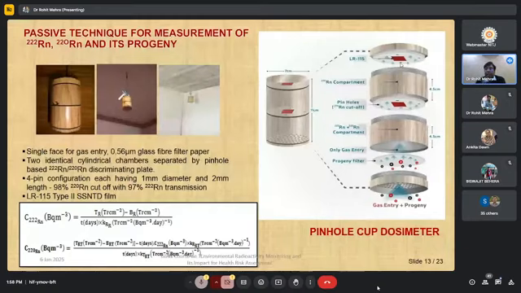And once it strikes this detector, it gives a track, that is a damage which is caused by that alpha particle on this material.